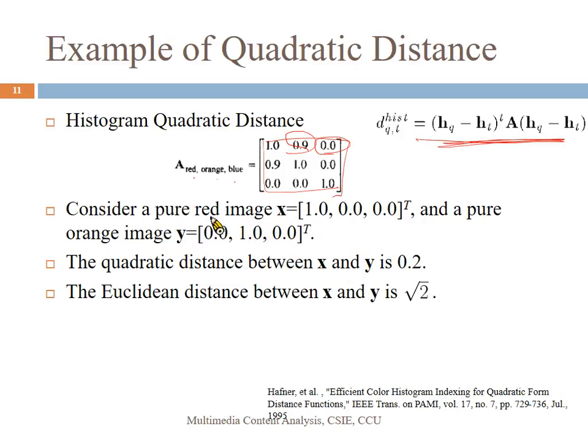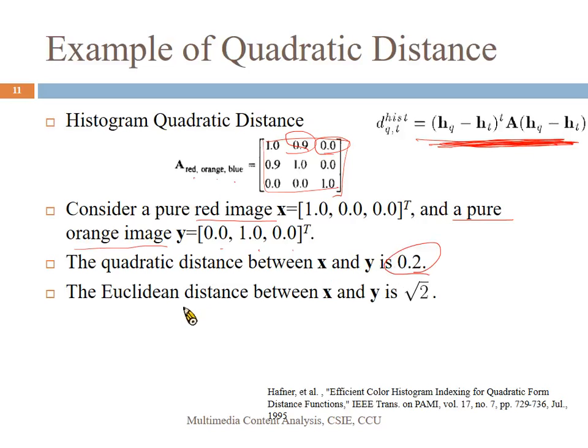Given a pure red image, we would represent it like this, 1, 0, 0, and another pure orange image would be represented as 0, 1, 0. Then the quadratic distance between x and y, based on this equation, would be 0.2.